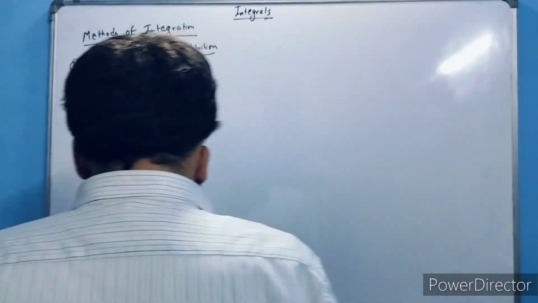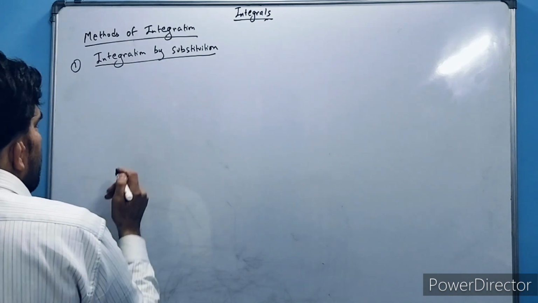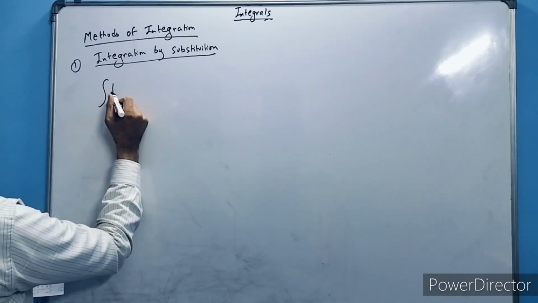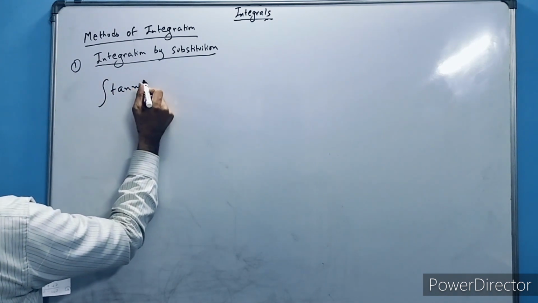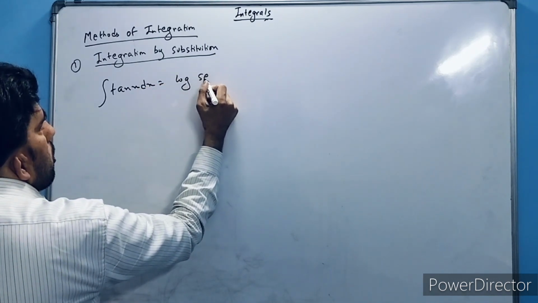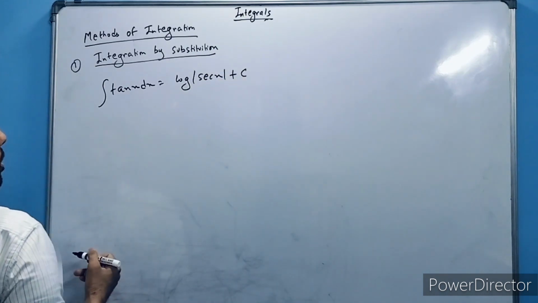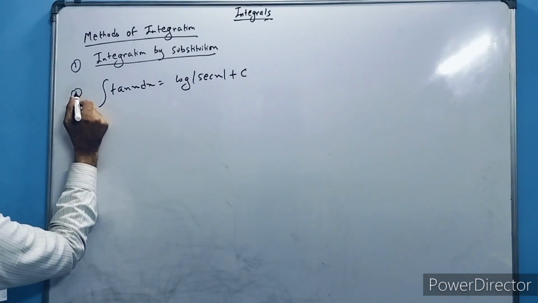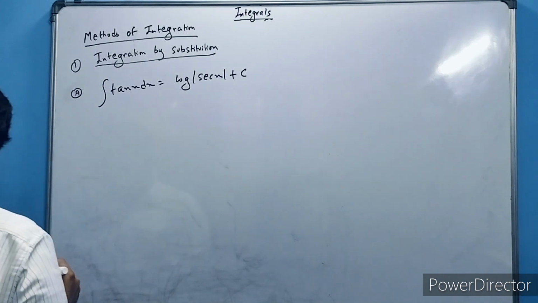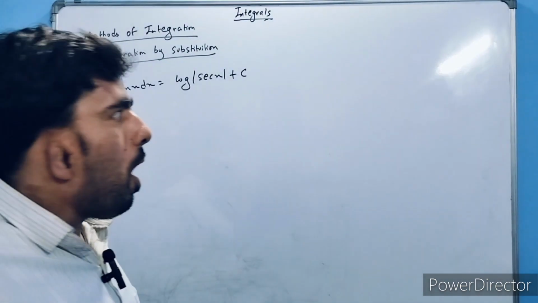We have important formulas which will be applied in the exercise. The integral of tan x dx is equal to log sec x plus c. This is the first formula. How?